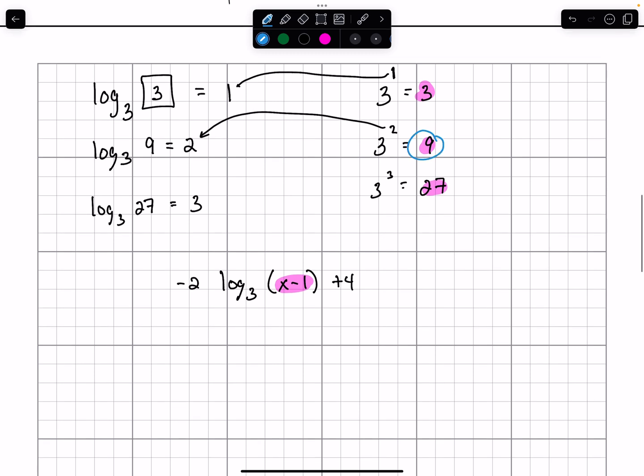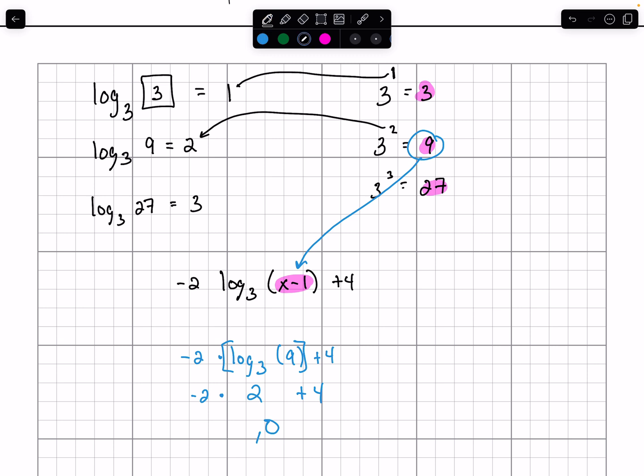Let's get this equal to 9. Then I could do negative 2 times log base 3 of 9 plus 4. And the log base 3 of 9, well, 3 to what power is 9, is just 2, plus 4. This just becomes negative 2 times 2 plus 4, which is 0.